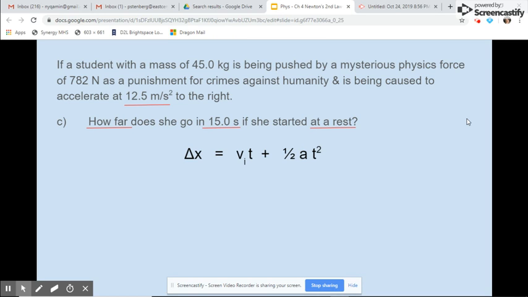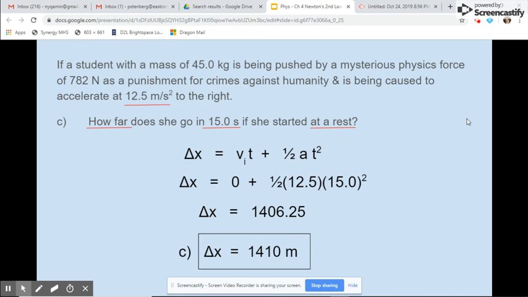If I plug in my initial velocity of 0, the acceleration and the time we're given, so our initial velocity 0 times t is just 0, plus 1/2 times 12.5 times 15 squared. We don't have to do any algebra. So we just plug that in and we get 1,406.25. We need our units and our sig figs, of course. Rounded off to 3 sig figs, 1,410 meters would be our answer for part C.